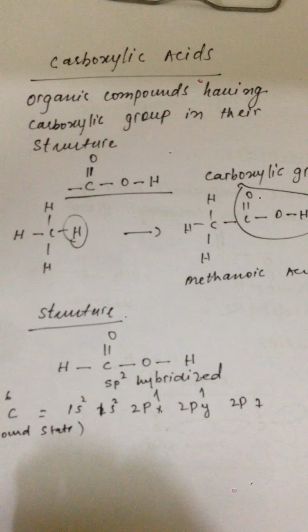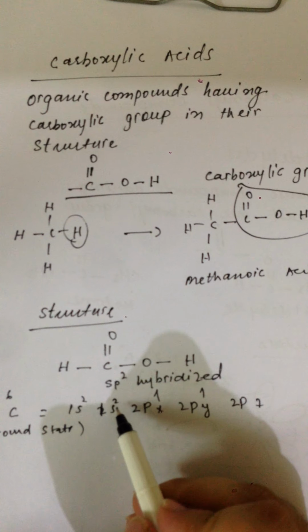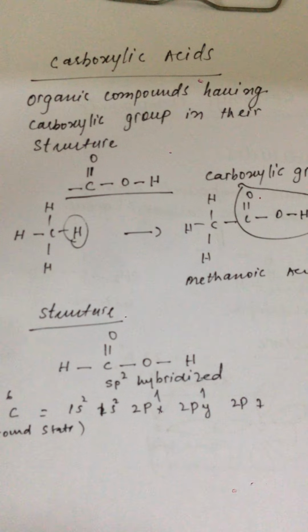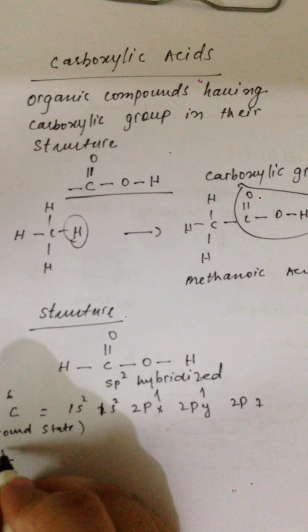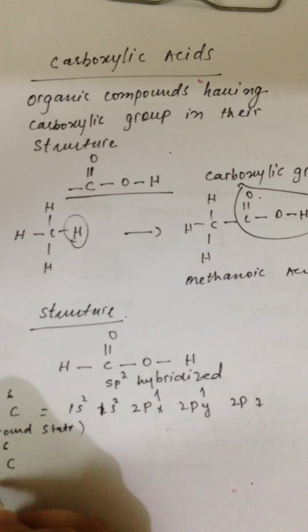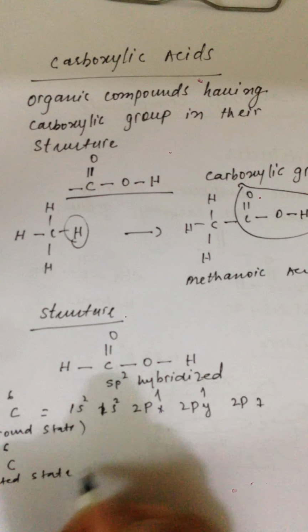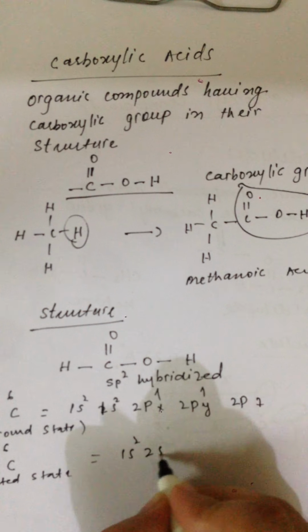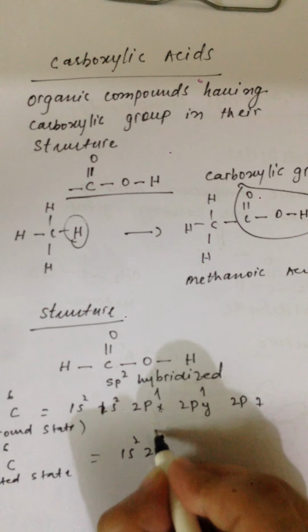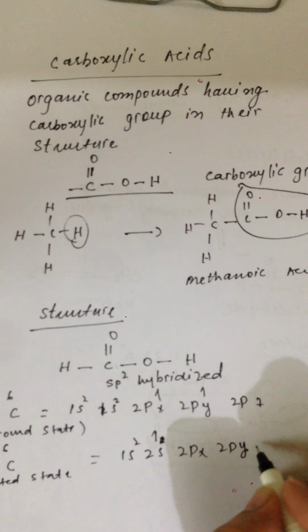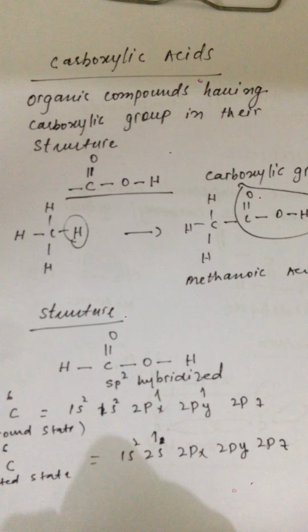It is possible that one electron from the 2s is excited and it is promoted to the 2pz orbital. So we can have excited state configuration which looks like 2s1 here, and 2px, 2py, and 2pz.